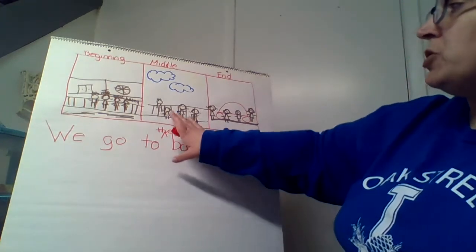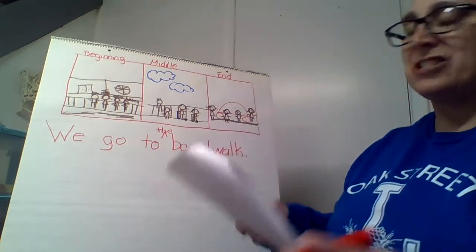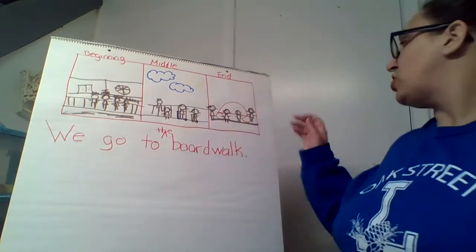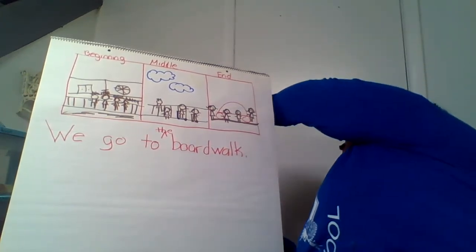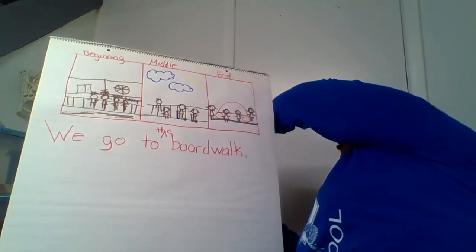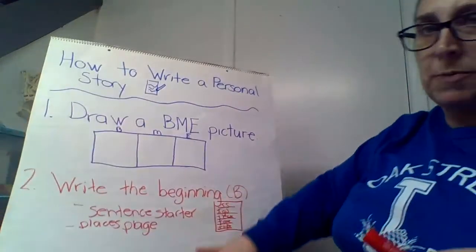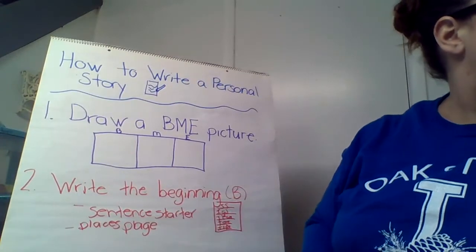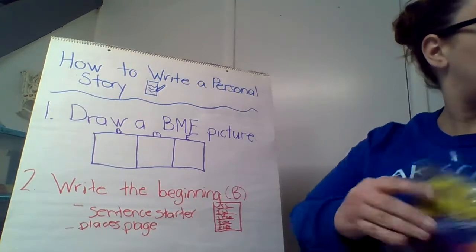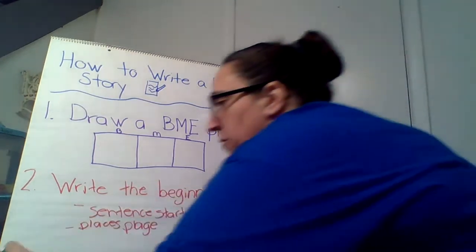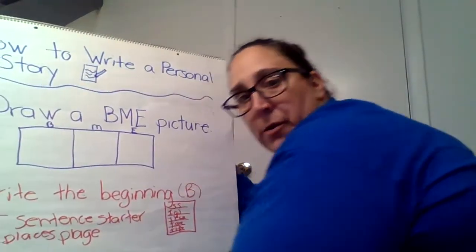Now I'm going to look at my middle and think about what I did in my middle. So if we go back to our anchor chart, my number 3 will be, I'm going to use green, number 3 will be to write the middle. Sorry, the easel's off the paper. There we go.